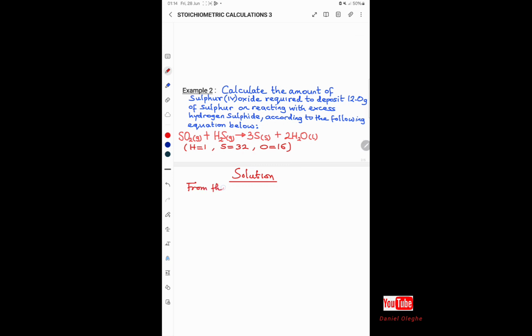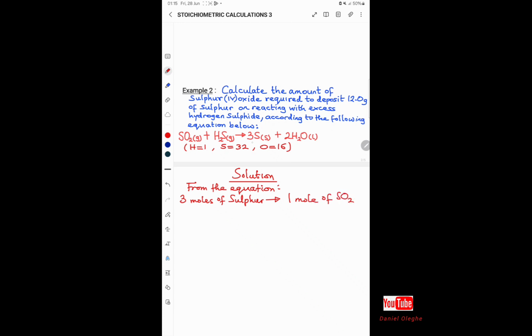From the equation, we have 3 moles of sulfur produced by 1 mole of SO2 according to the equation of the reaction.